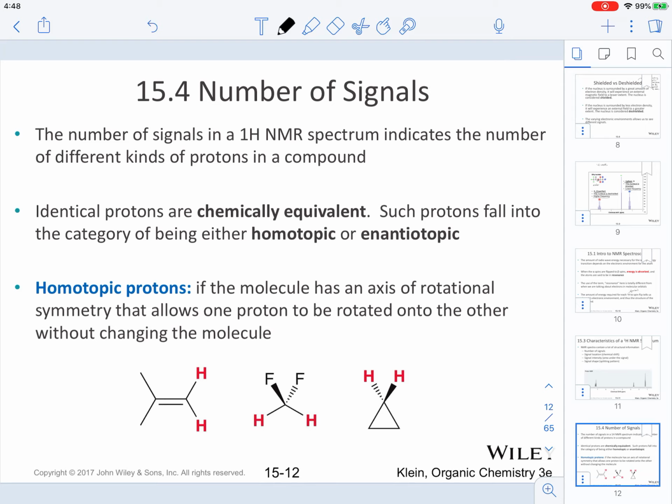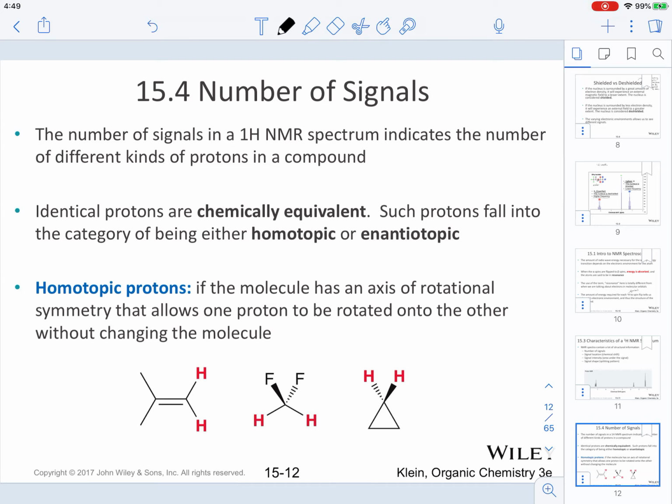They can either be homotopic or enantiotopic, and we are going to define them and give examples of them. First, a homotopic proton is going to be specifically found in a molecule in which there is an axis of rotational symmetry that allows one proton to be rotated into another one.